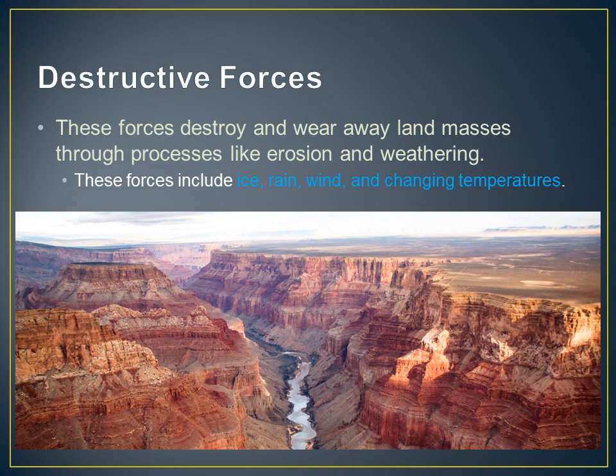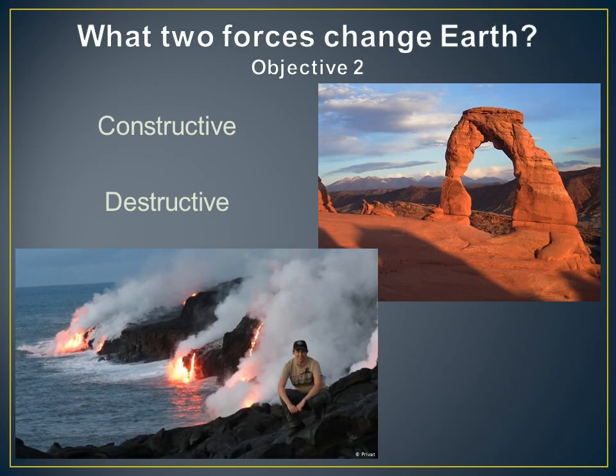The Colorado River, which is running through the Grand Canyon, slowly wore away, eroded the rock, and formed this massive canyon. So again, our two forces that change Earth are constructive forces and destructive forces. So we'll keep building upon these as we go forward here.